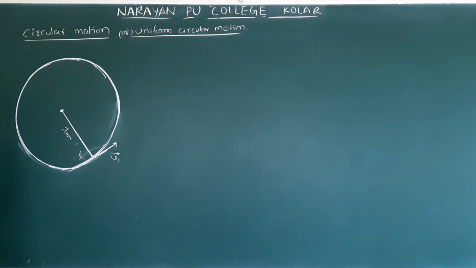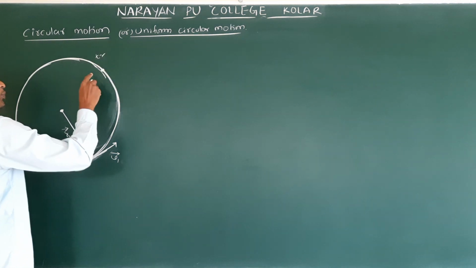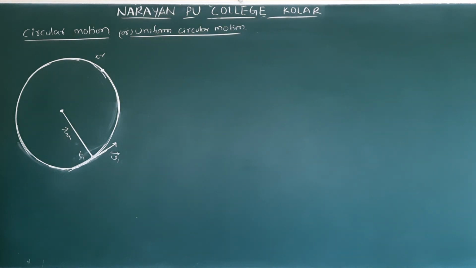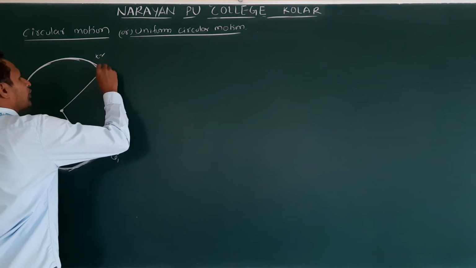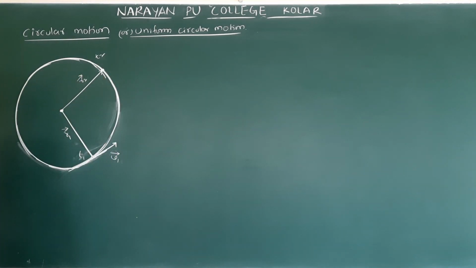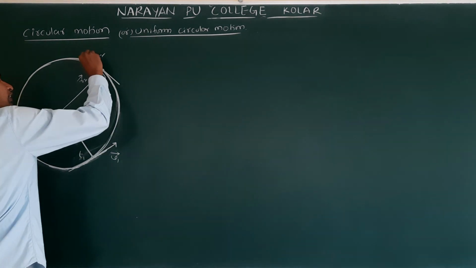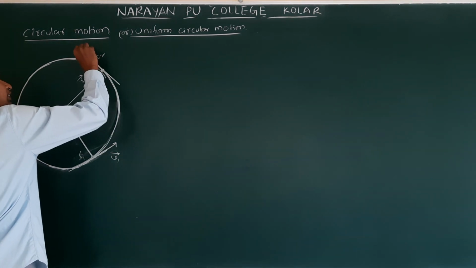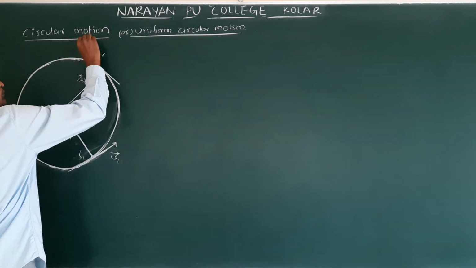After some time the object is here, because it keeps on moving on the circular path. The new position of the object from the origin is the r2 vector. Then if you draw a tangent here, again we get the direction of the velocity. This is v2.